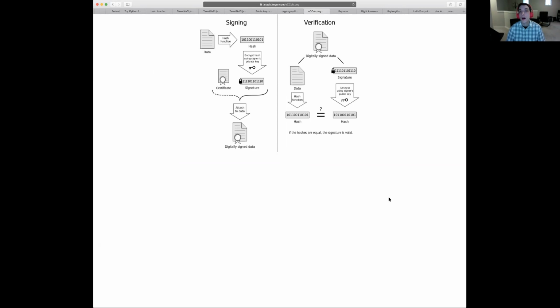Essentially, remember how I said there's the one-way, hard to reverse hash functions.